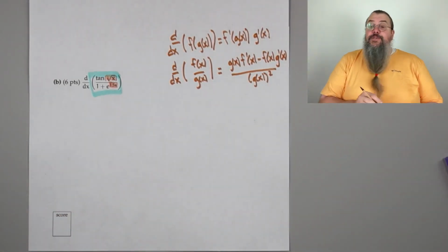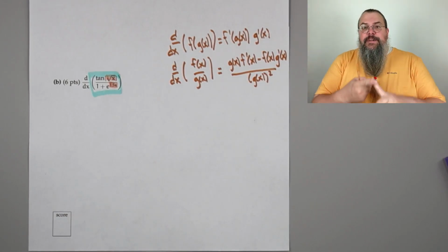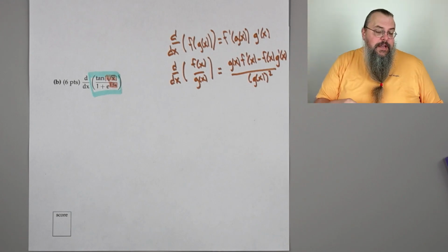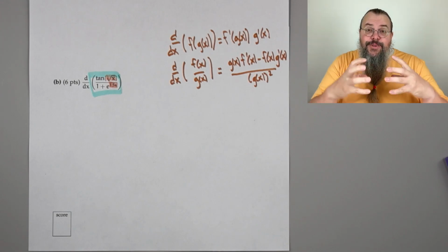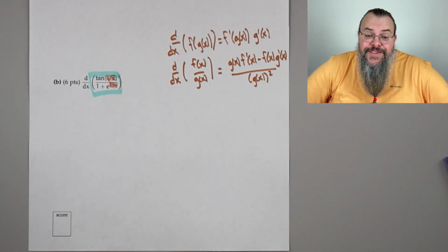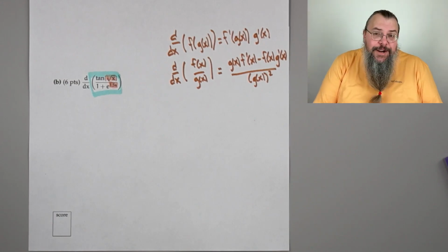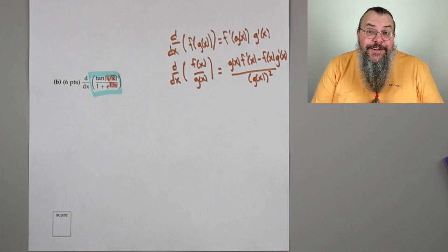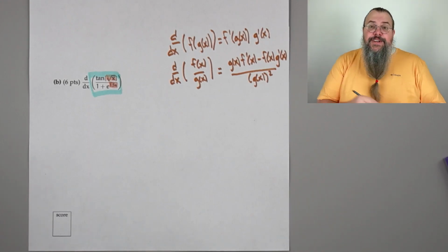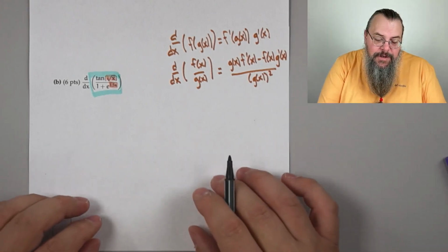All right, so these are the two rules that we mentioned, in addition, of course, to knowing the derivative of the exponential function, the tangent function, and the square root function. And now we just go through. These problems are like onions, in that there's layers. And they're also a little bit like onions in that tears may be involved. But let's just go through and be careful and make sure we get everything that we need.